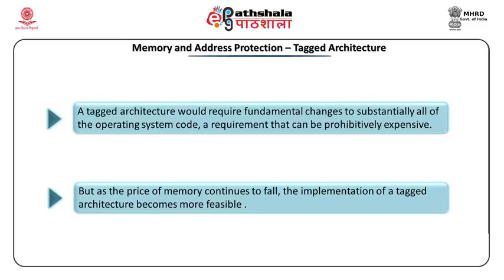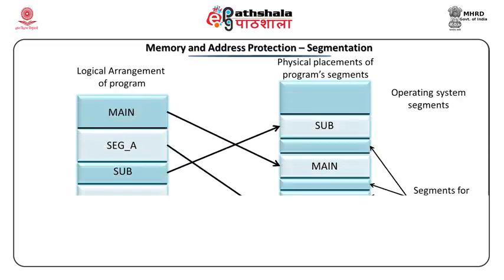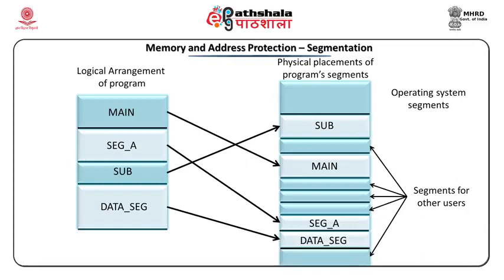Then comes the concept of memory and address protection: segmentation. You can see in the figure a program having a logical arrangement. It has 4 segments: main, segment A, sub and data segment. Two concepts: a program has a logical part, and the program is placed in memory by the operating system, which is called physical placement.